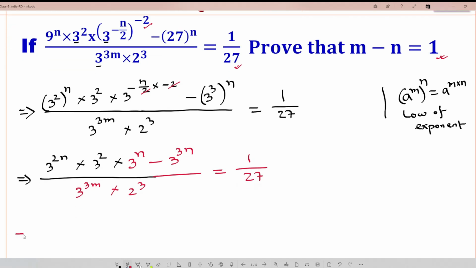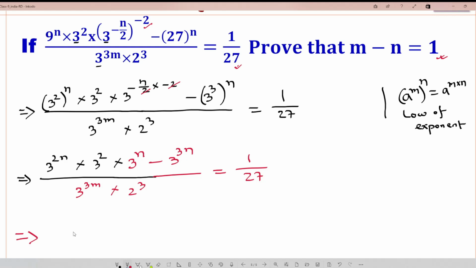Now look, here 3 to the power 2n, and here is 3 to the power 2, here is 3 to the power n, here is 3 to the power 3n.